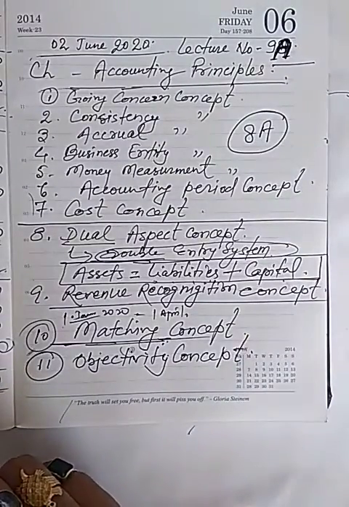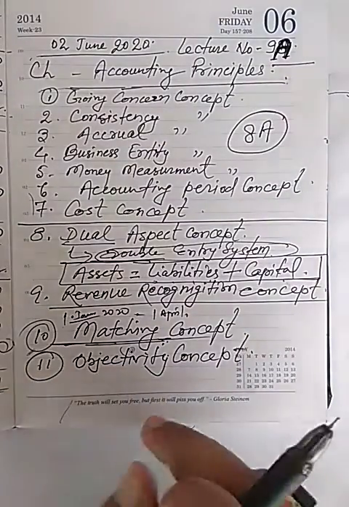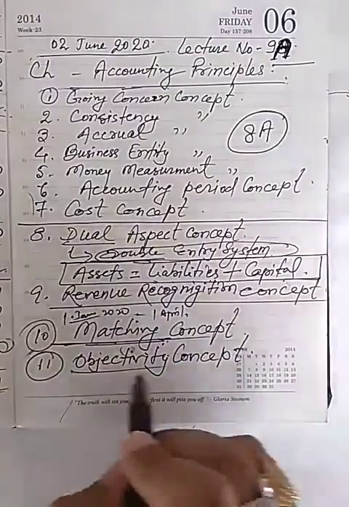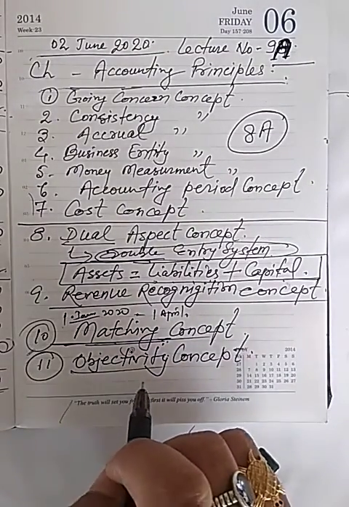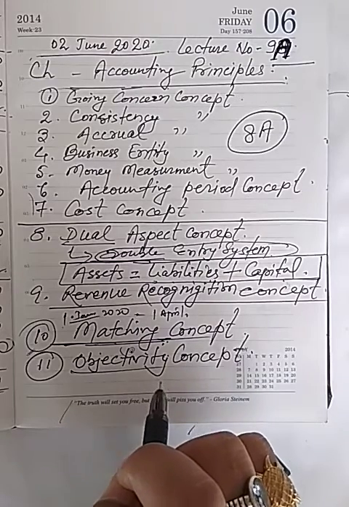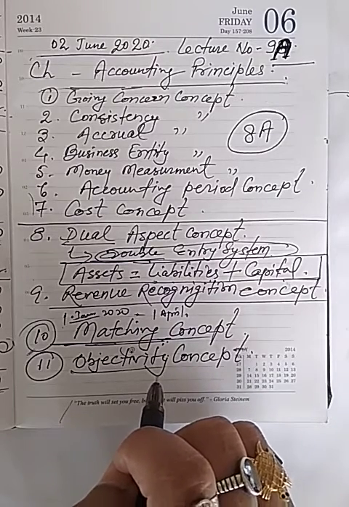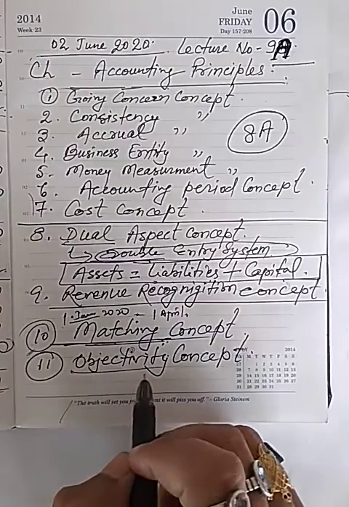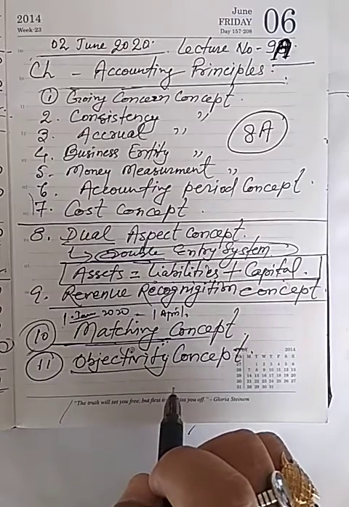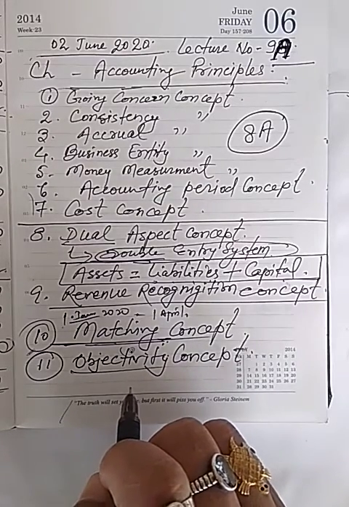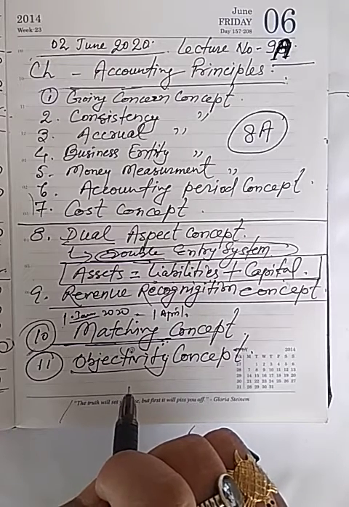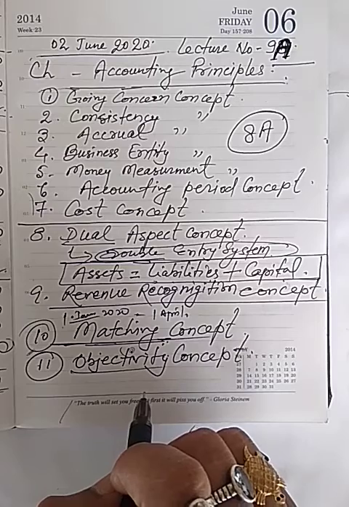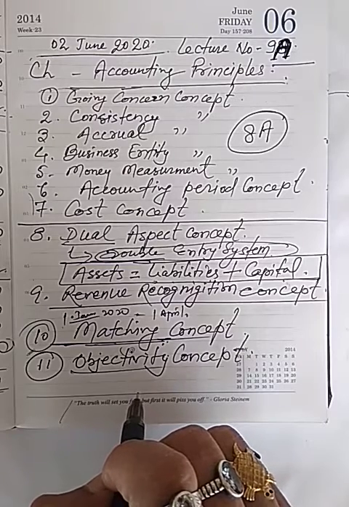Objectivity concept. This concept requires that accounting transactions should be recorded in an objective manner, free from the personal judgment of those who prepare the accounts.